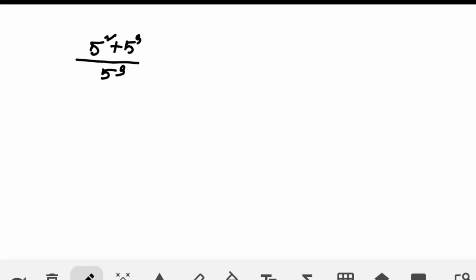Let's calculate 5 square. Five square is 5 multiply 5. Then we'll get 25.